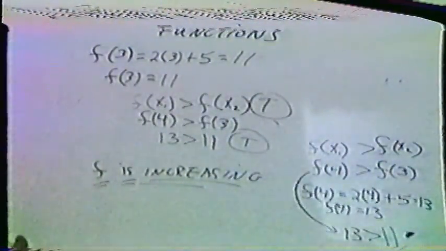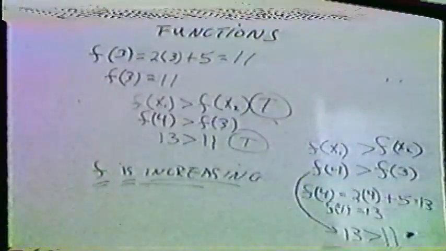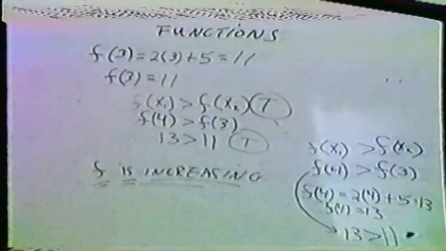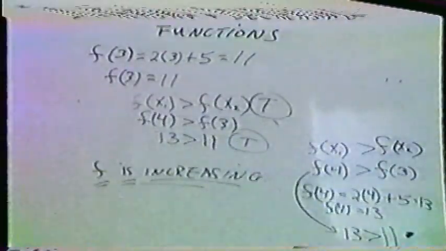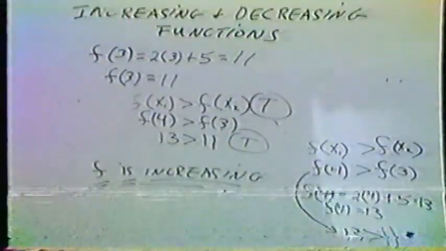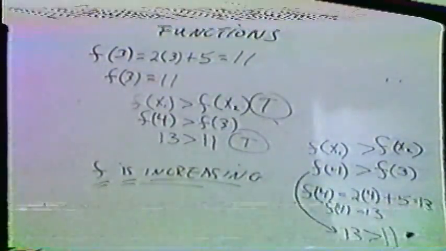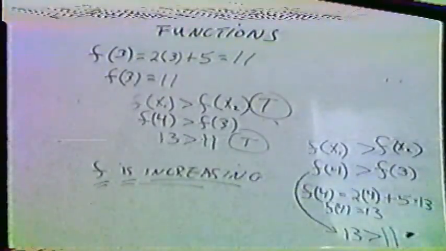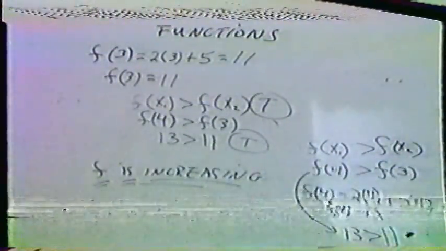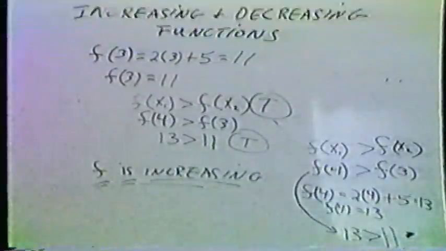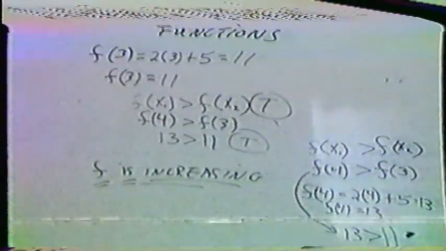The function f is an increasing function. So you can check functions out by substituting a couple of numbers in, and determine whether you have an increasing or a decreasing function. Okay, so that is the definition of an increasing function.